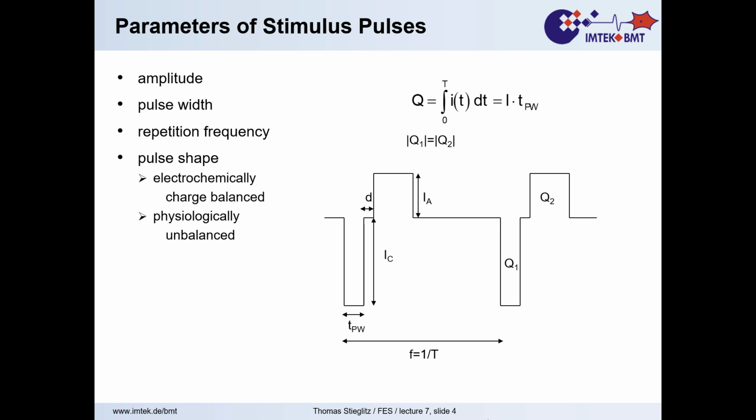When we have that, it might be that the charge is balanced, but that does not necessarily mean that physiology takes it as balanced, since we have different excitation thresholds if we apply a cathodic pulse or an anodic pulse. So that balance is purely from the engineering side.